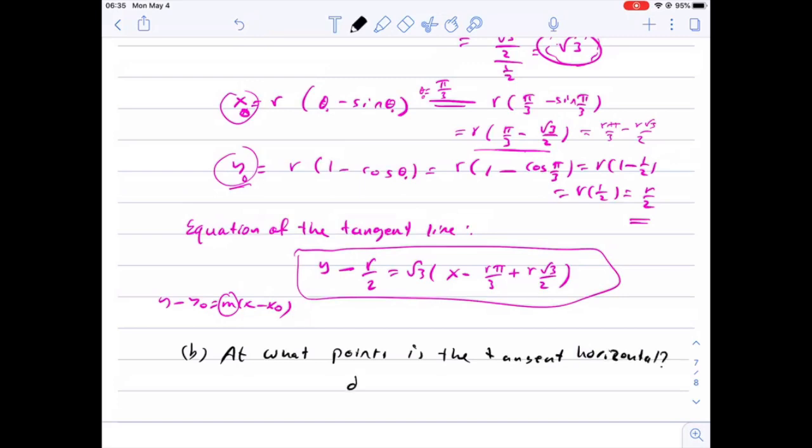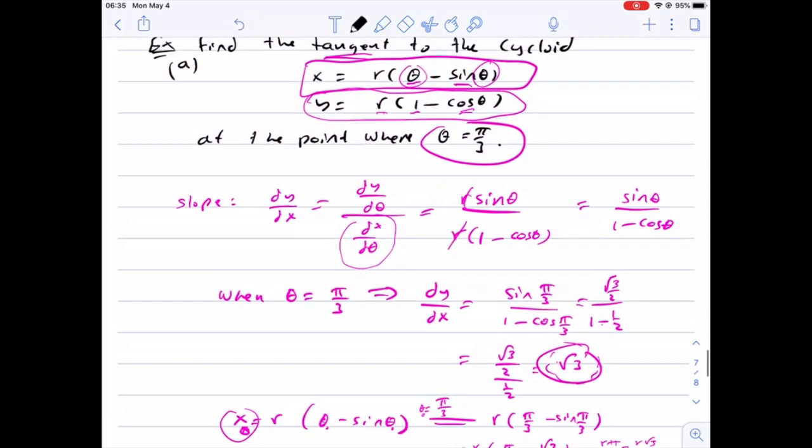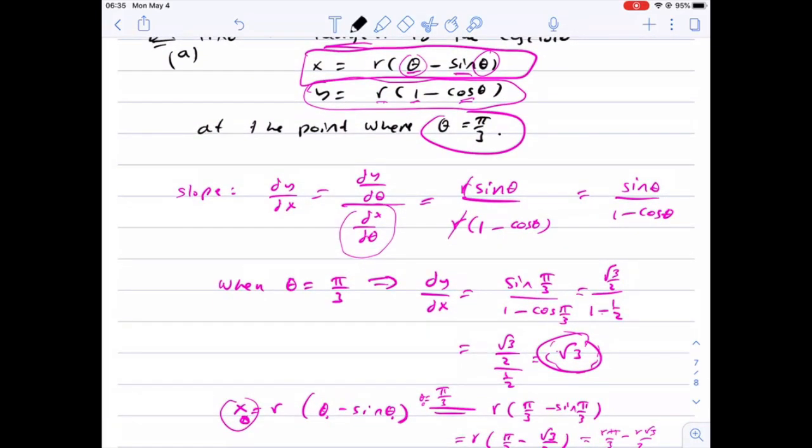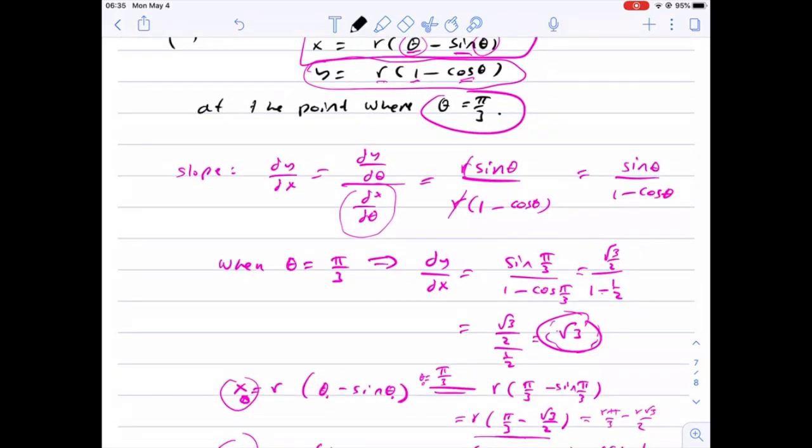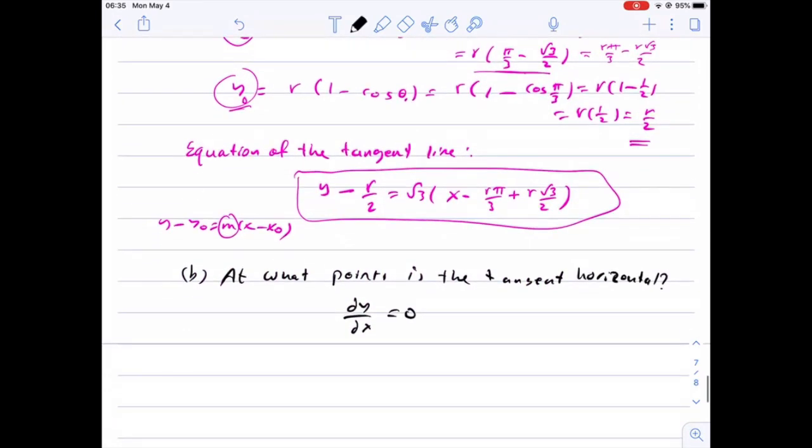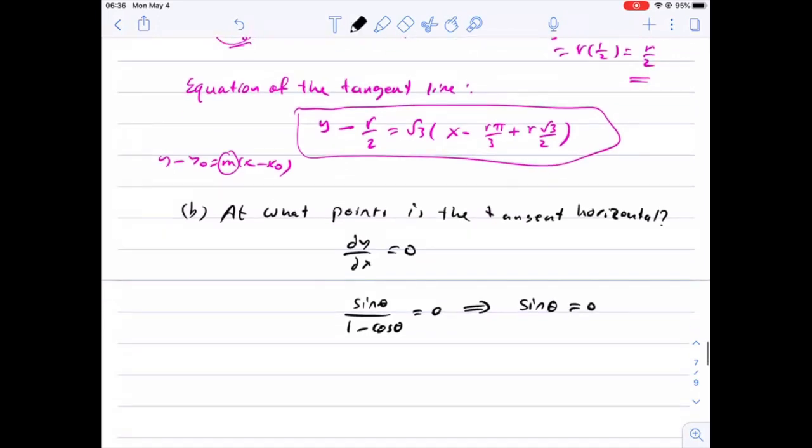Horizontal if the derivative dy over dx is equal to 0. So dy over dx is sine theta over 1 minus cosine theta. So sine theta over 1 minus cosine theta is equal to 0 only if the numerator is equal to 0. So in this case, if we're between 0 and 2 pi, theta is 0, pi, and 2 pi.